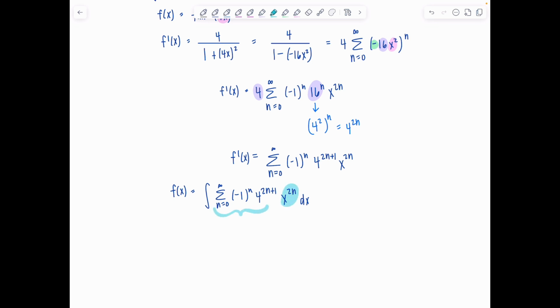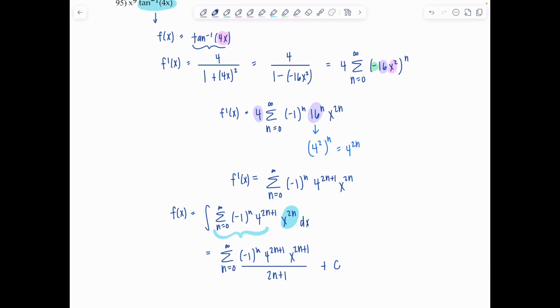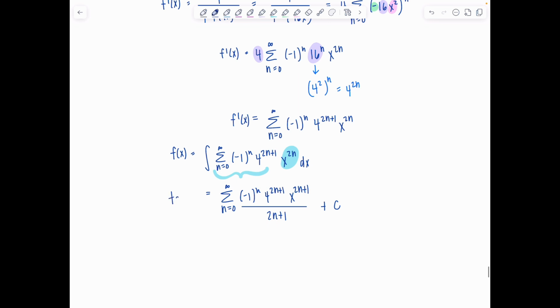Everybody else is just a constant that comes along for the ride. So rewrite it exactly as is. Don't touch a thing. Okay, and then add 1 to the exponent because we're integrating. So it becomes x to the 2n plus 1 over 2n plus 1 plus c. And this power series represents f of x, which is tan inverse of 4x.